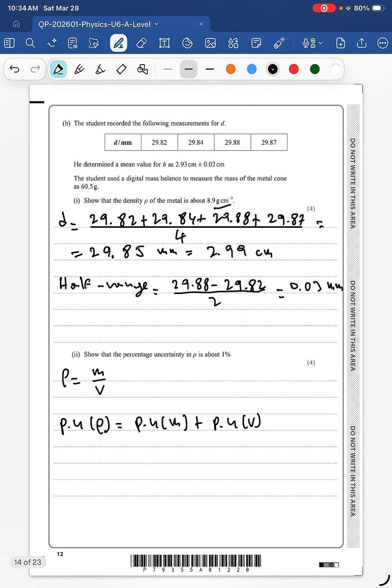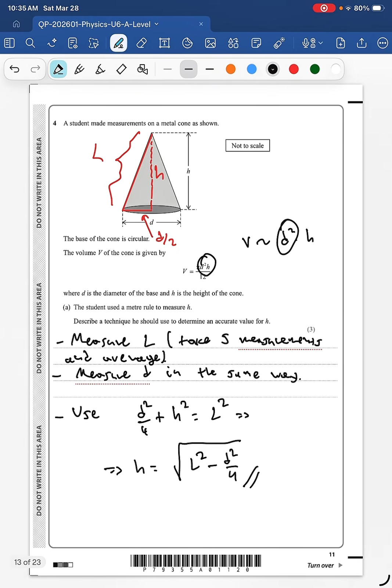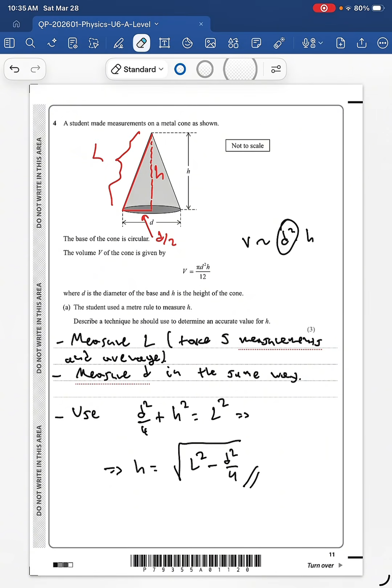So what I mean is that let's keep expanding this. So this is the percentage uncertainty in mass plus the percentage uncertainty in v, which is equal to the percentage uncertainty in d squared plus the percentage uncertainty in h. Okay, and now the story is that the constants, so in this case we have pi over 12, right? That doesn't count when you take percentage uncertainties, okay?